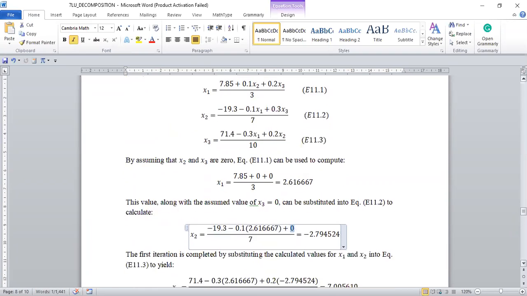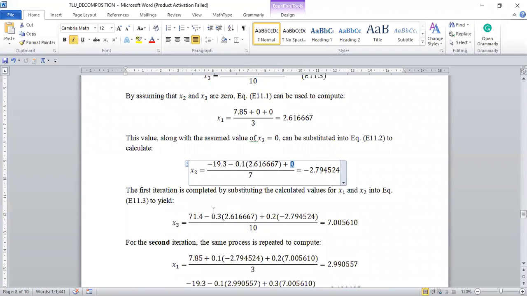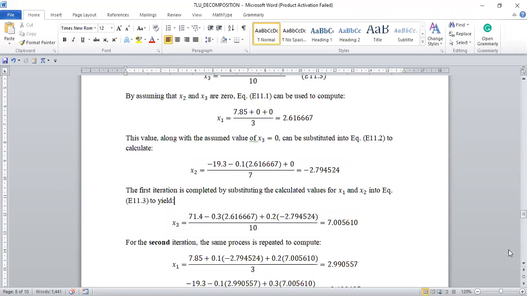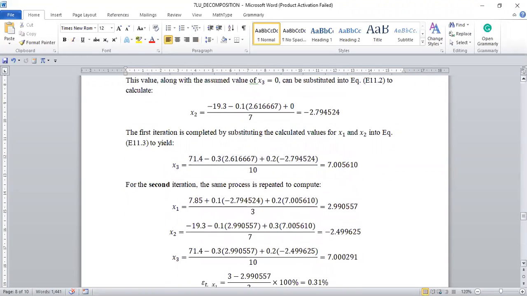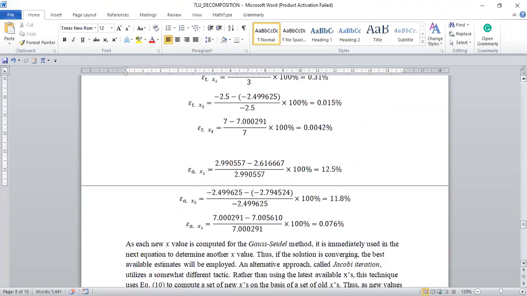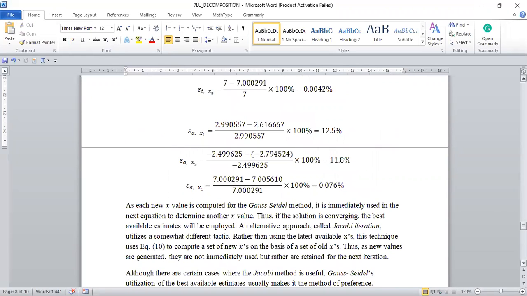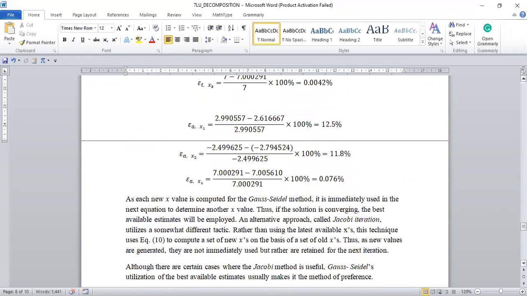So at the first iteration, but for x3, you have x1 and you have x2, which you're going to put in here. So that's the Gauss-Seidel method.